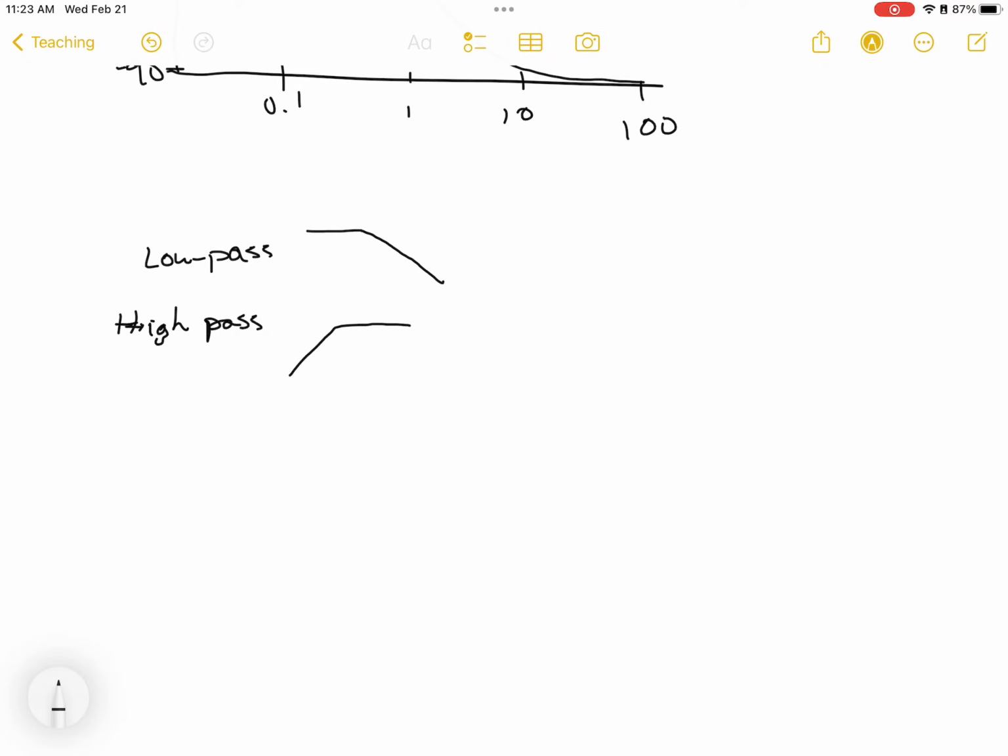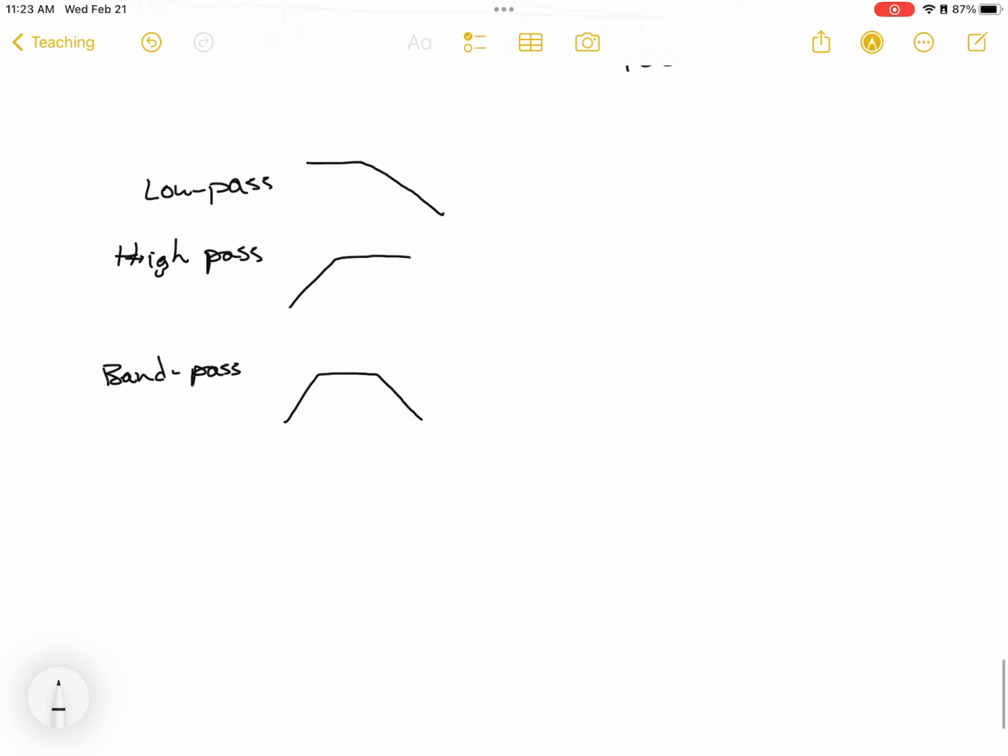You can combine these to create a band pass filter, where both low and high frequencies are filtered, but the middle range frequencies are allowed to pass through. And then the opposite of that would be a notch pass filter, where you have a low frequency and a high magnitude, and then it drops down, and you want higher frequencies to pass through as well.